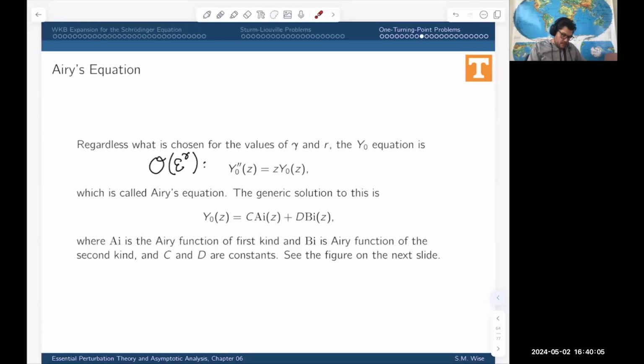Now, this is Airy's equation. And it's one of those equations which is of so much importance that it has its own two important solutions: Airy's function of the first kind and Airy's function of the second kind.